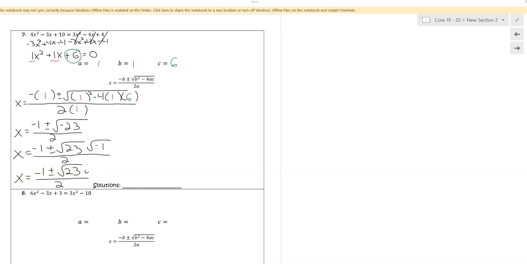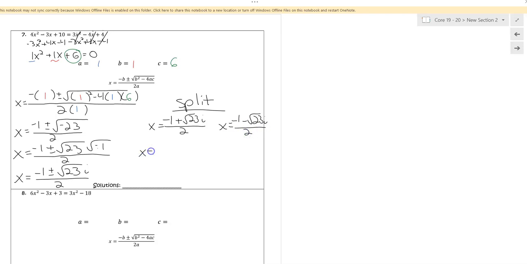We have to split it up. x equals negative 1 plus square root 23 i, and x equals negative 1 minus square root 23 i, over 2.